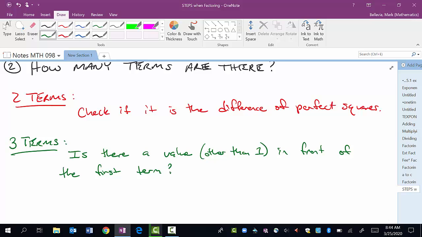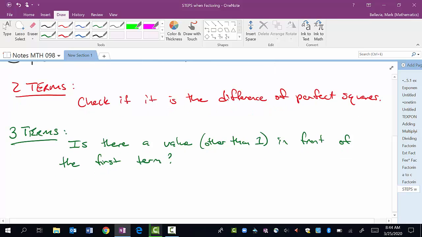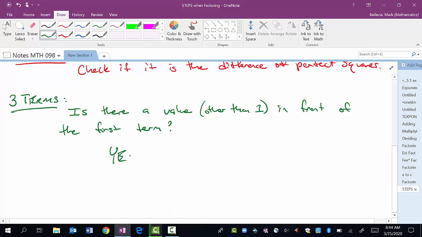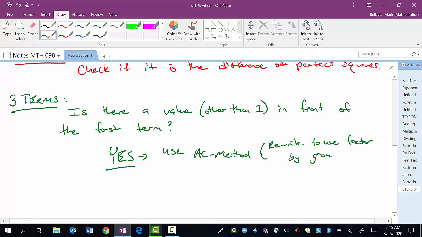You want to check to see, is there a value in front of the first term other than 1? If the answer is yes, you want to use the AC method, which, remember, is a way to rewrite it to use factor by grouping, or you could do this by trial and error. Most students prefer the AC method at this point, but trial and error would also work.